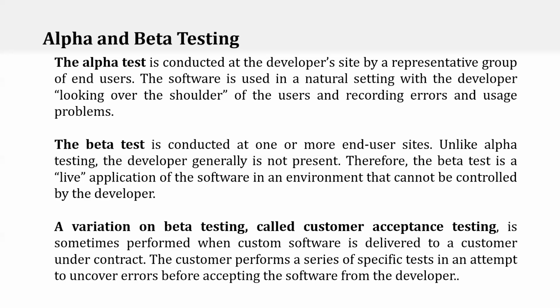And the difference is alpha testing will be done in the user place by the user, sitting aside with the developer. So both the end user and the developer will be sitting together at the user end, and they will be testing. That is called alpha testing.